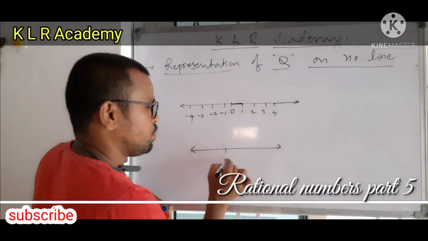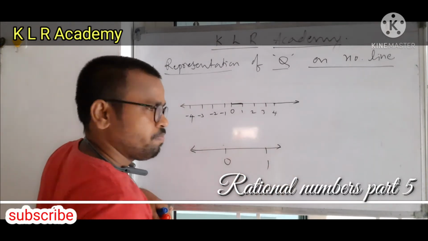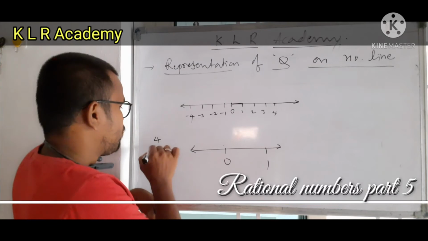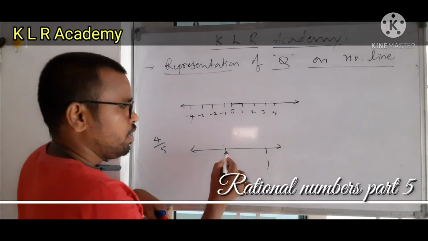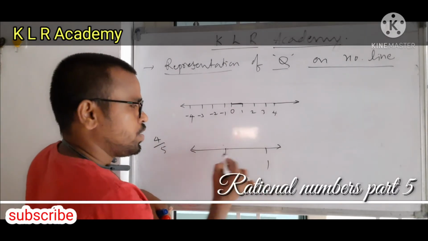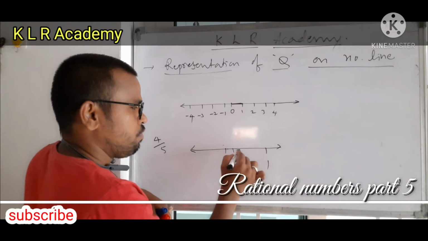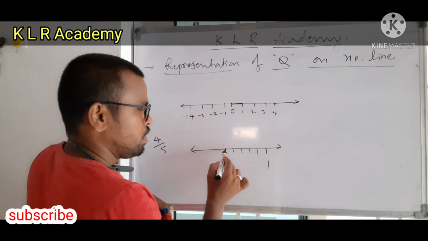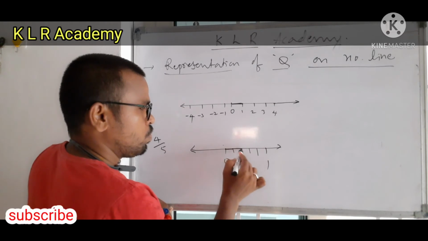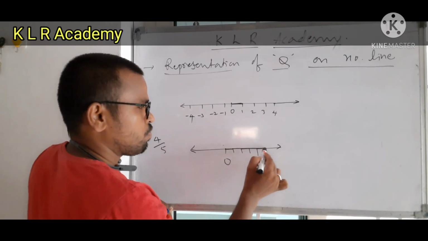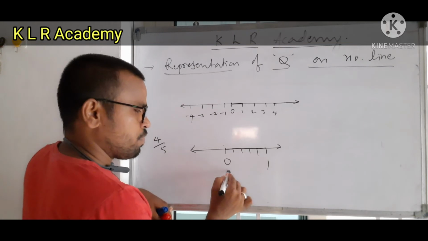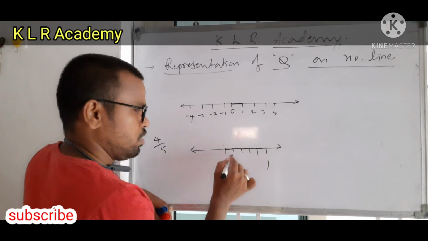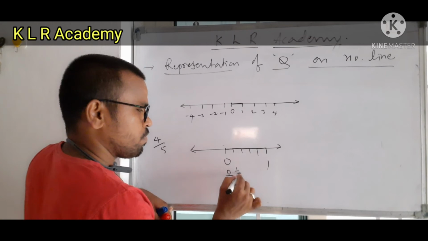This is 0 and suppose this is 1. Our number is 4 by 5. So divide this range 0 to 1 into 5 equal parts. Here is 1, 2, 3, 4, 5. This is 0 by 5, this is 1 by 5, the first part.